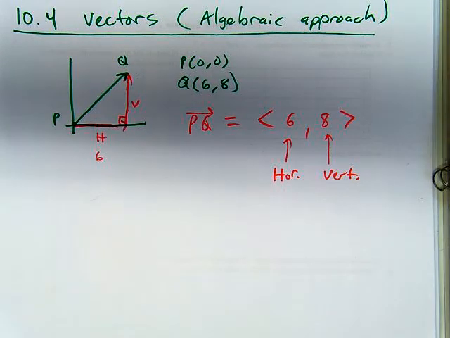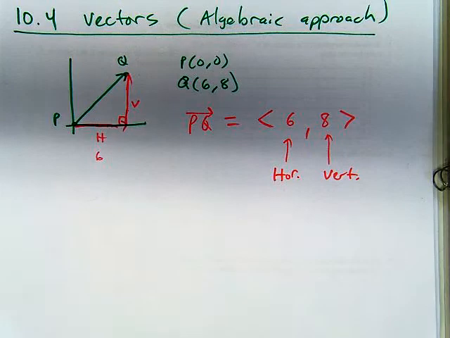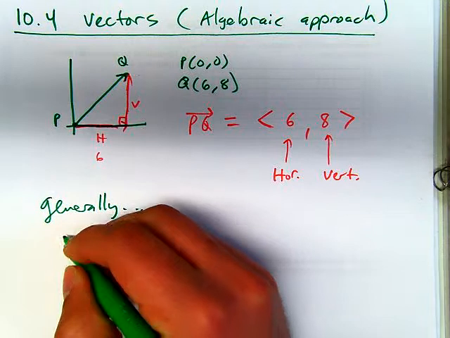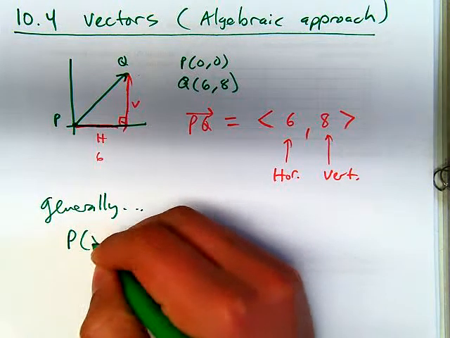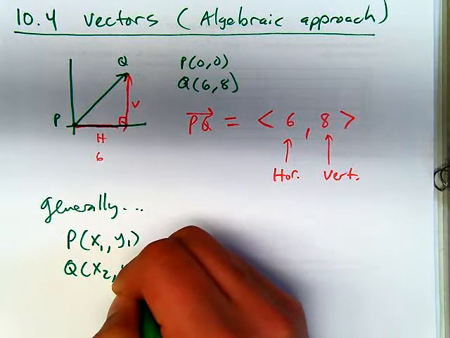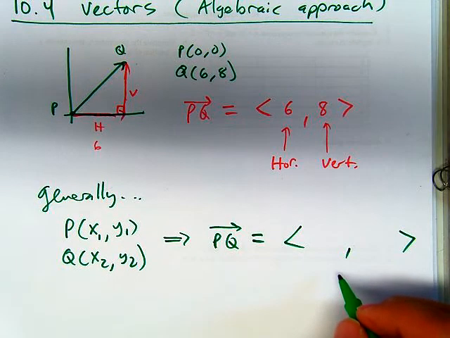Okay? Now, in general, if P is at (x1, y1) and Q is at (x2, y2), we would say that vector PQ, you could write it in horizontal and vertical components by simply subtracting.